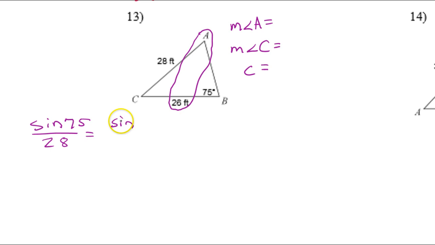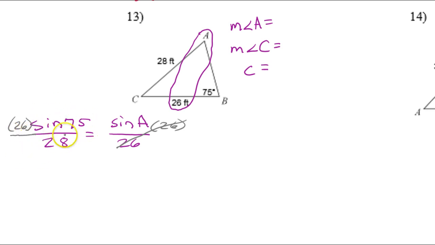So we have the sine of angle A over 26. These should be equal. Now I need to get sine A by itself, so I am going to multiply both sides by 26. That will cancel these out, and that's going to get sine A by itself.